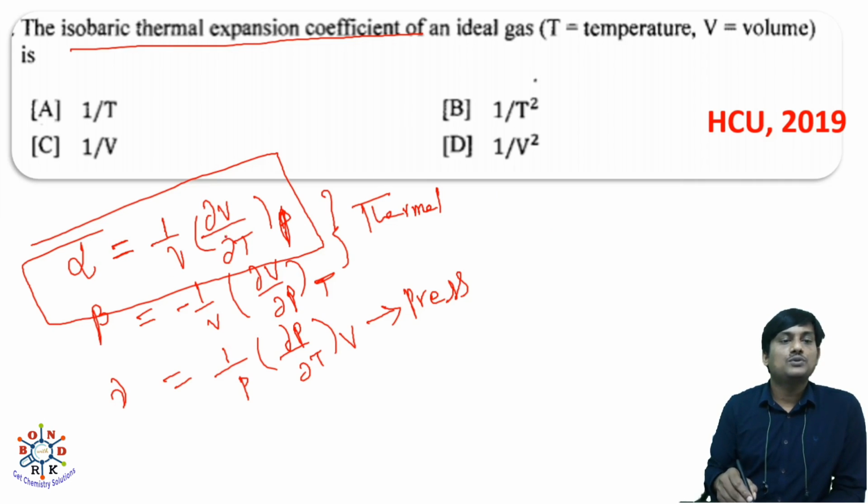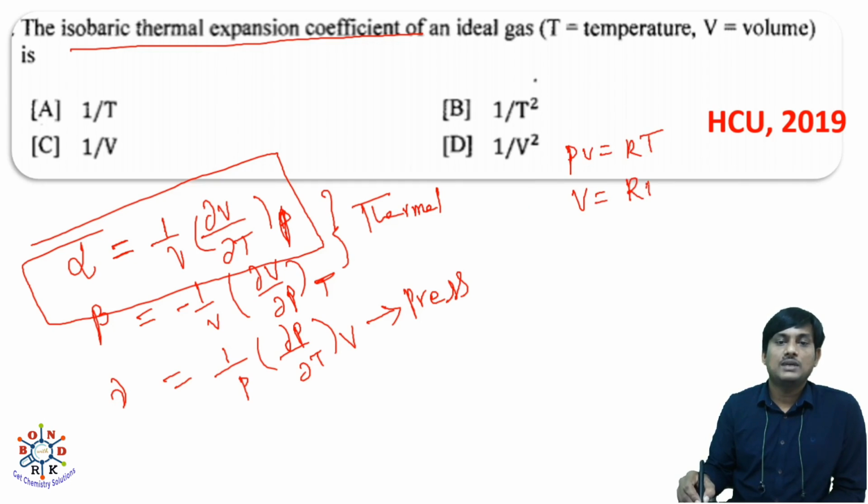You have to find dou V by dou T at constant pressure. We know that for an ideal gas, PV is equal to RT for 1 mole of gas, V is equal to RT by P. Then when you differentiate with temperature at constant pressure, you will get R by P.